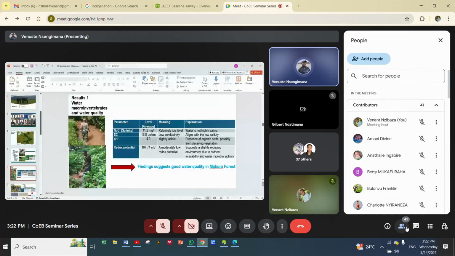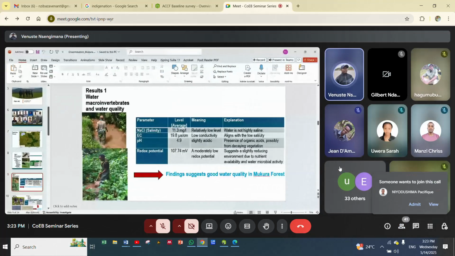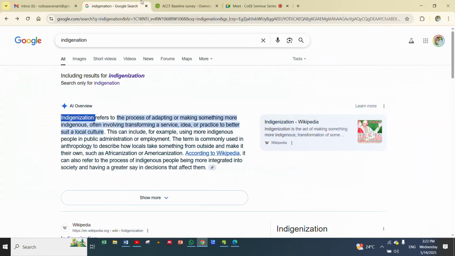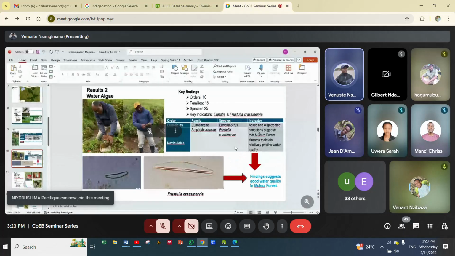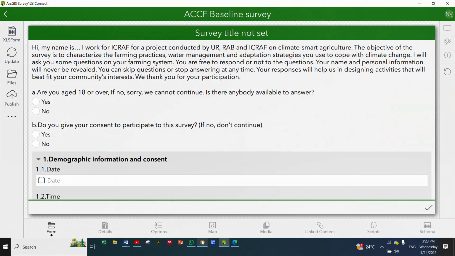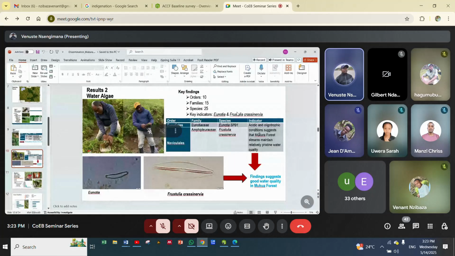And these findings support the previous one about water macroinvertebrates, that water quality inside the Mukura Forest is of good quality. This has been also related to water algae because they have been used as bioindicators of water quality in different areas globally.